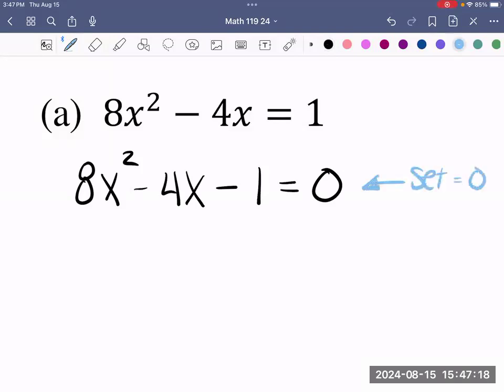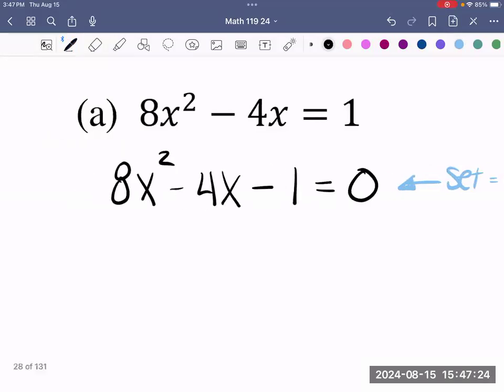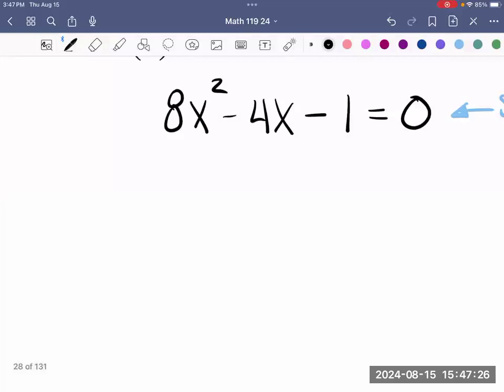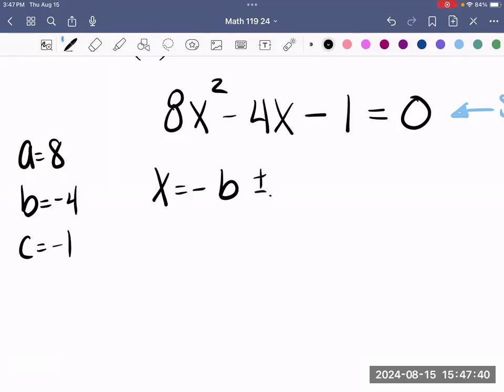Then you can try and see, okay, is it factorable? Unfortunately, no. So instead, what we're going to have to do is use that quadratic formula. Now, you don't have to list out your ABCs. I tend to like listing out the ABCs just to help us with your quadratic formula. And I'm also going to rewrite it here.